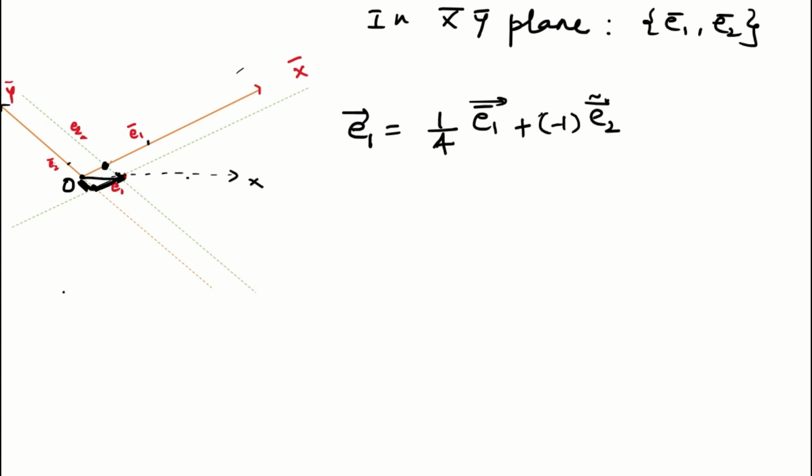Okay, now let us write the E2 vector in the form of E1 bar and E2 bar. So where is E2? Here this is the x bar axis, this is the y bar axis, and E2 is the basis vector along the y axis. The y axis is the vertical axis. So this is our basis vector.